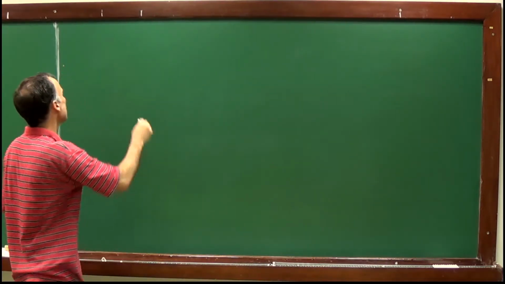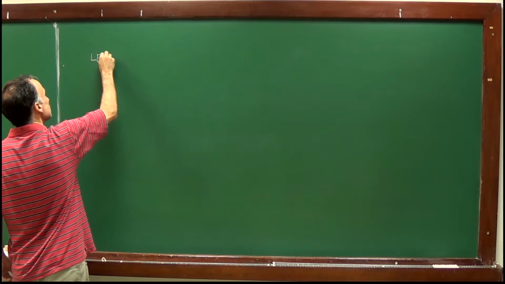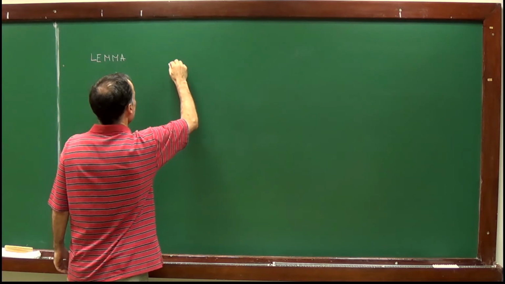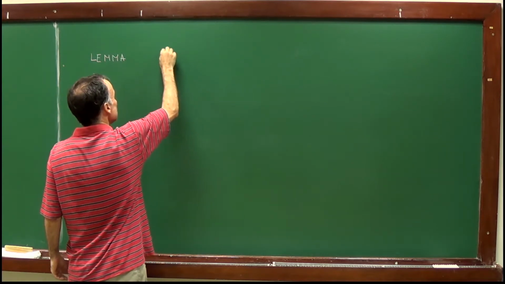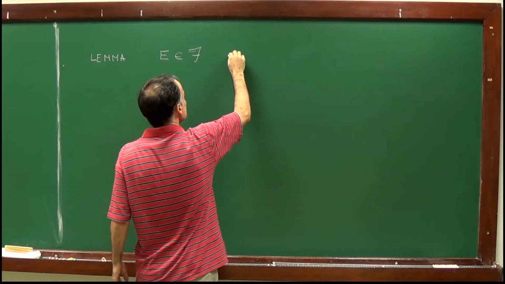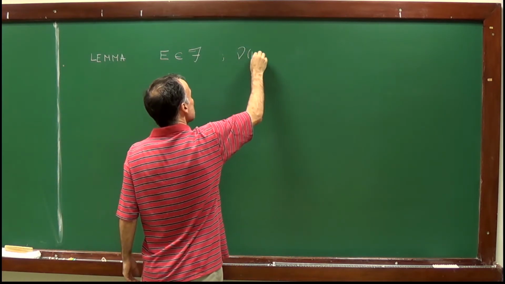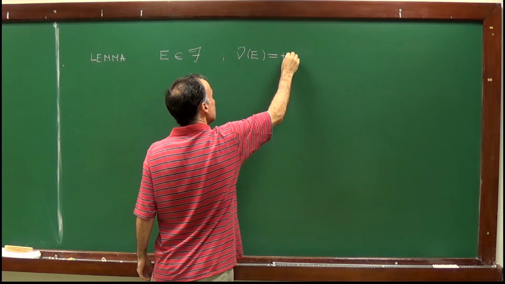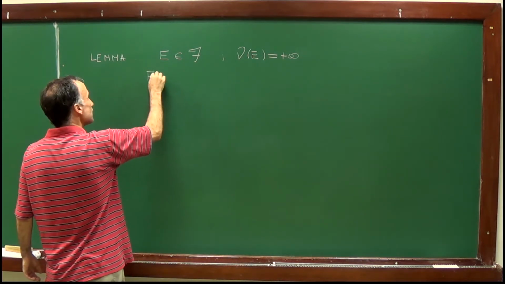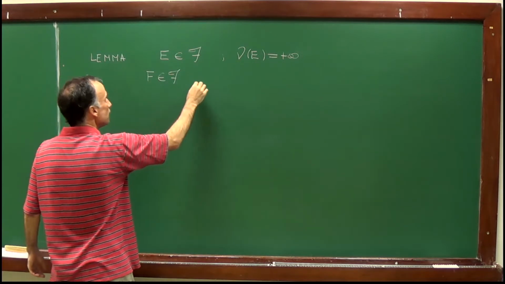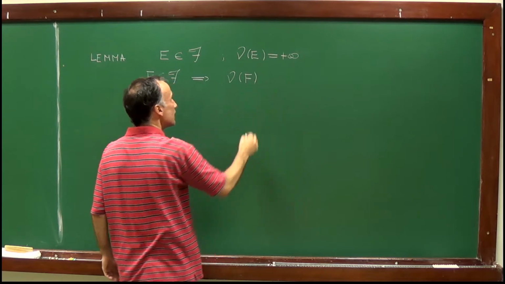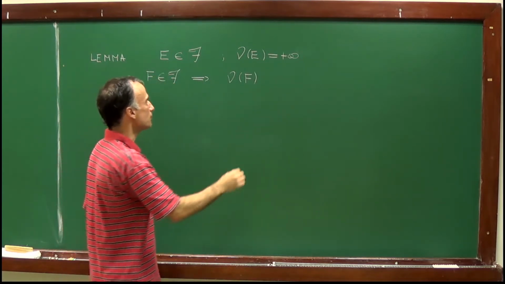So let me prove a second simple property, which I will state as a lemma. Let's assume that we have a set E whose measure is equal to plus infinity. And let's take another set F. Then I claim that nu of F cannot take the value minus infinity.